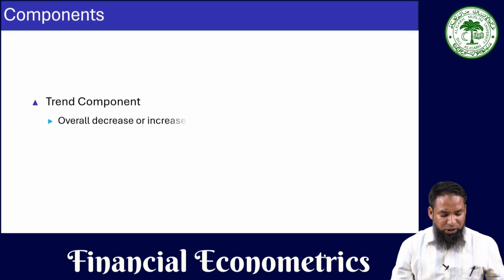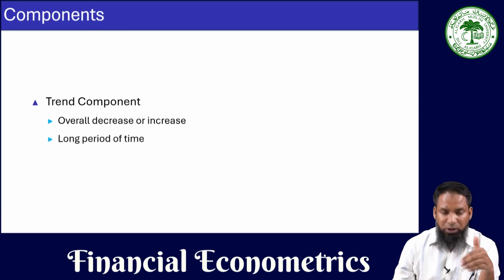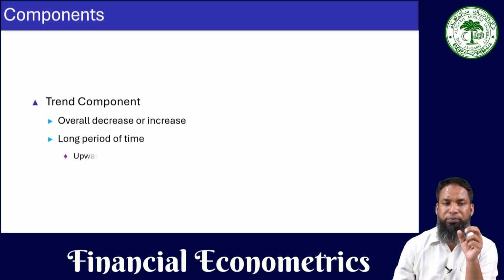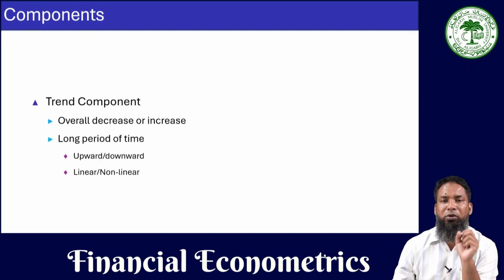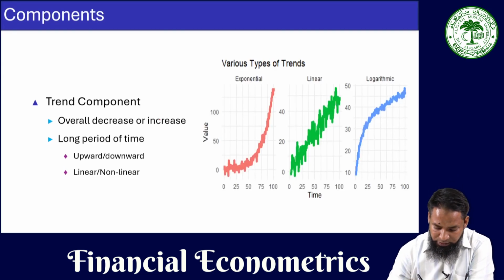So the trend component is basically the overall decrease or increase in a series, and usually it is over a long period of time. It could be upward trending, linear or non-linear. For example, here we see an exponential trend.